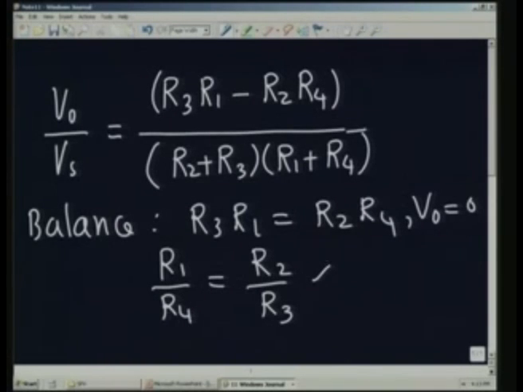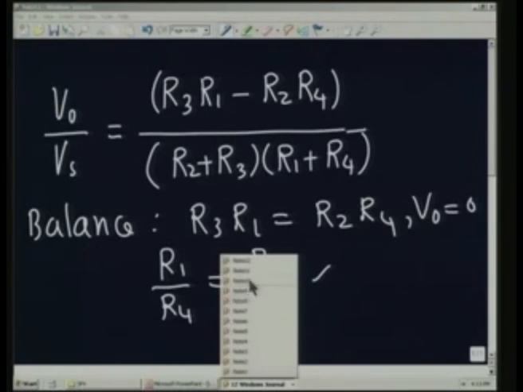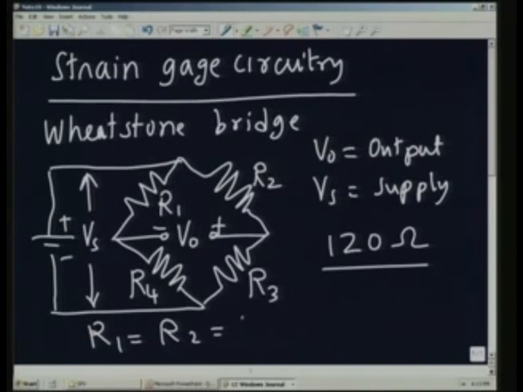Now, suppose we have the following. We have a gauge with 120 ohms value for the resistor. Suppose I choose R1 equal to R2 equal to R3 equal to R4 equal to 120 ohms.